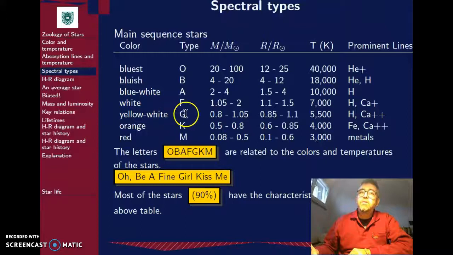We can see also the class where our star, the Sun, belongs, which is the G class, yellow, white, and the mass is around the solar mass, and the radius is around the solar radius, and the temperature is around 6,000. So we will see the lines of hydrogen and double ionized calcium in this example.